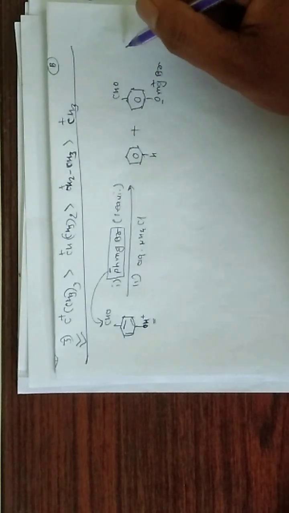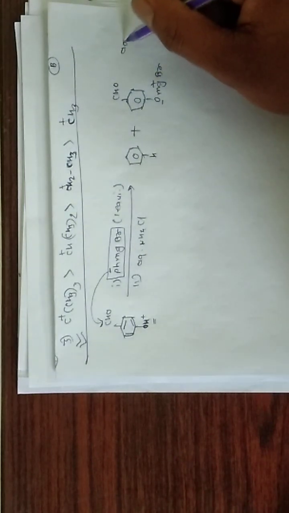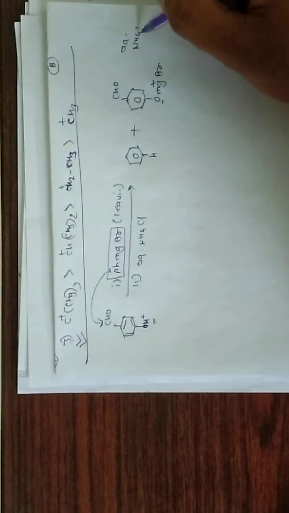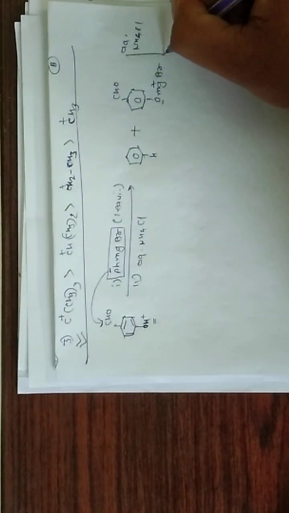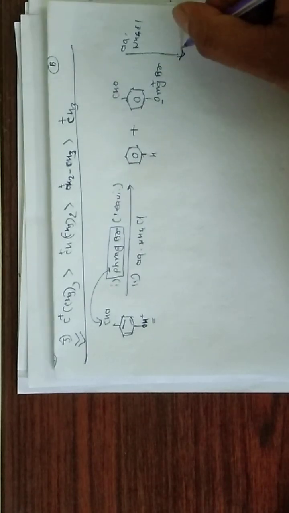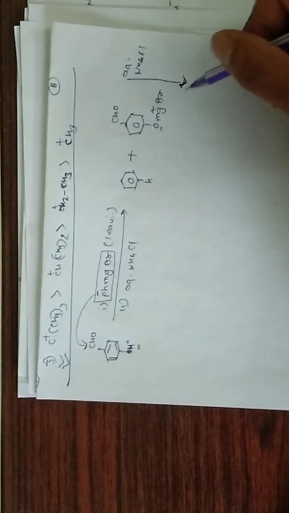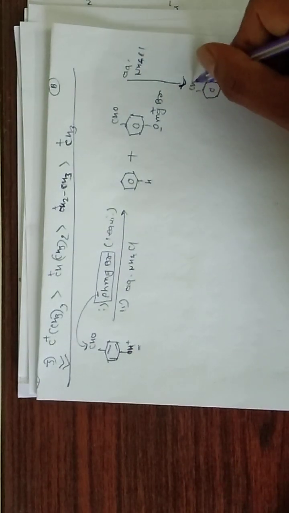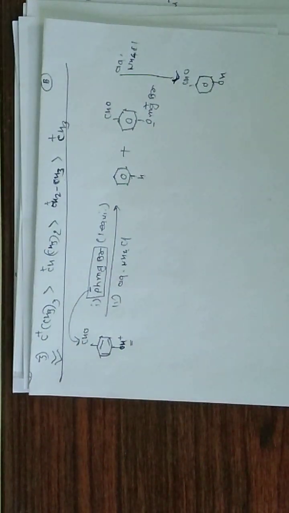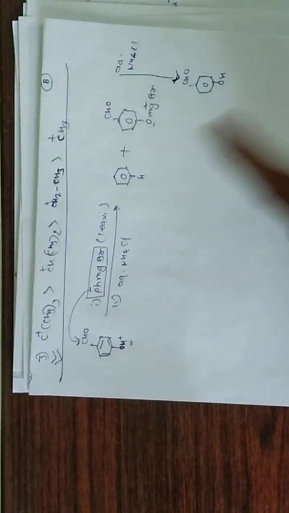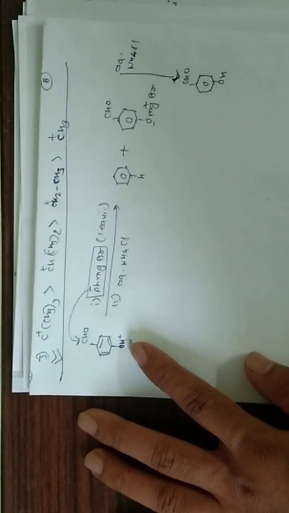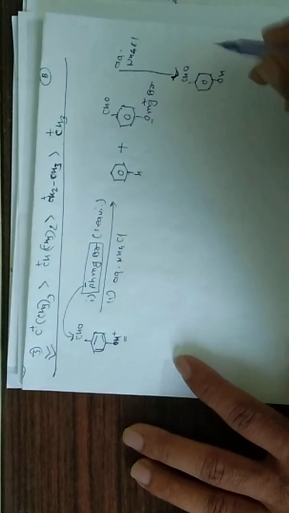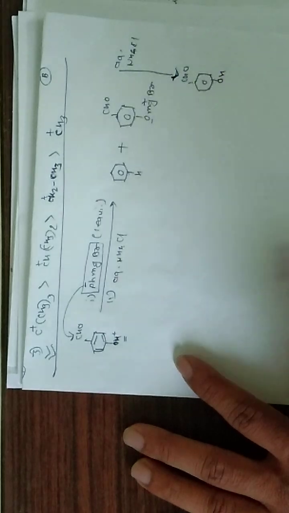And after this reacting with aqueous NH4Cl, what will be formed? CHO and here OH. The MgBr salt will be hydrolyzed to phenol, the phenoxy group.